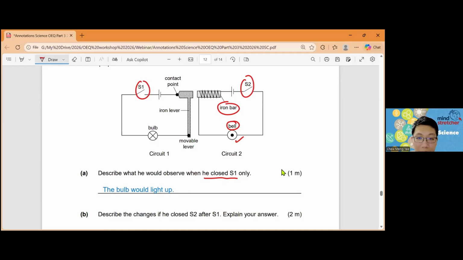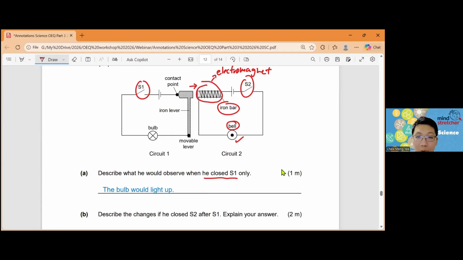What else will happen? So you look carefully at these parts here. This is an iron bar, but we have the coil of wires around that. So what does it become? It becomes an electromagnet. So what will happen next? If it's an electromagnet, this iron lever in circuit 1 will be attracted.